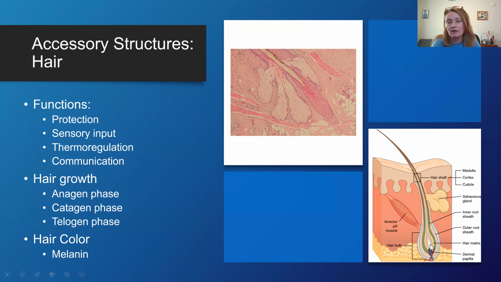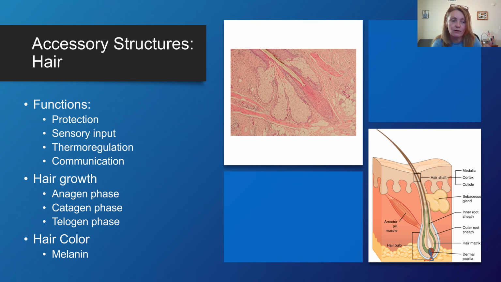So you have hair bulb, and you have dermal papilla, and what is called hair matrix is where those active keratinocytes divide and synthesize keratin that makes this hair.